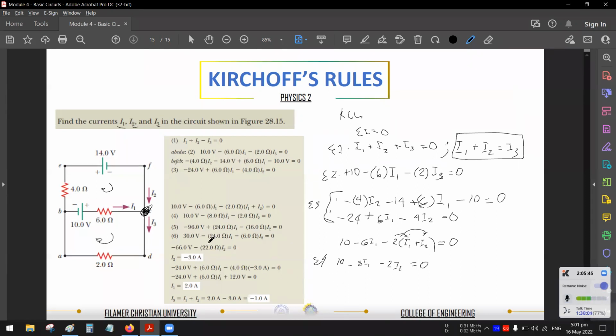So, saan nanggaling yung negative 96 volts? Okay, so kung titignan natin dito, we have 24i minus 16i sub 2 equal to 0. Pero ang tanong ko, bakit negative 96 volts to? Saan galing yung negative 96 volts? Tingnan natin.